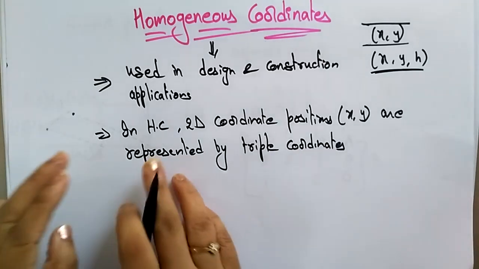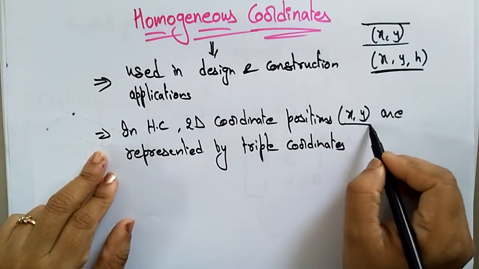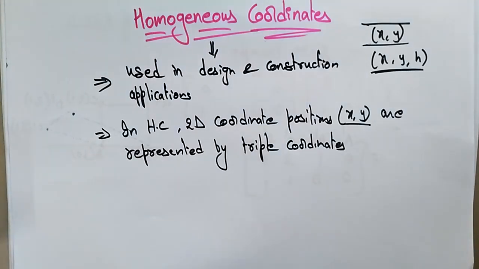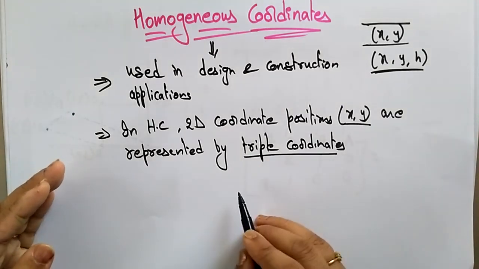So we are talking about the two-dimensional homogeneous coordinates. In homogeneous coordinates, a two-dimensional coordinate position x, y is represented by a triple coordinate.